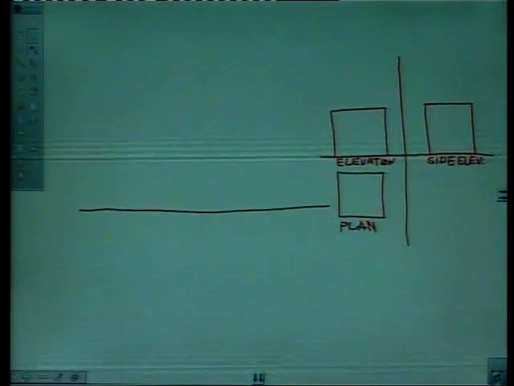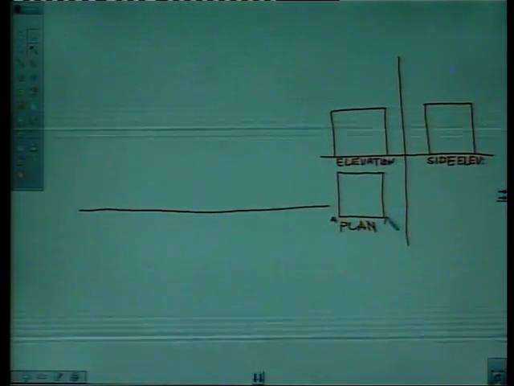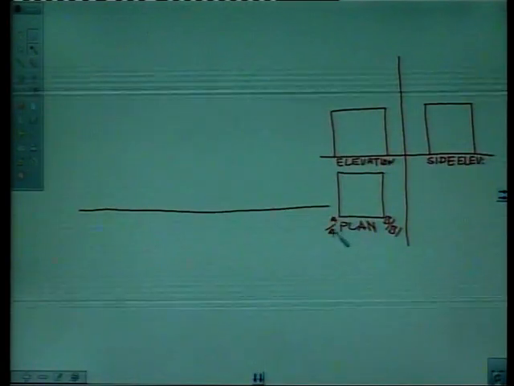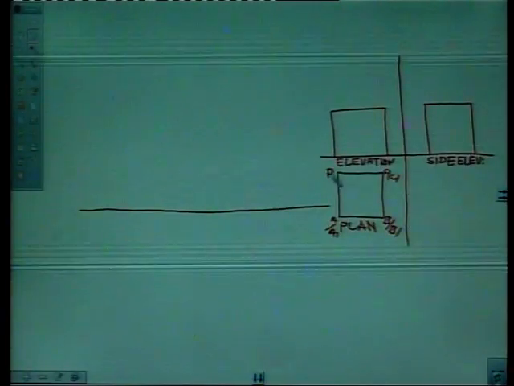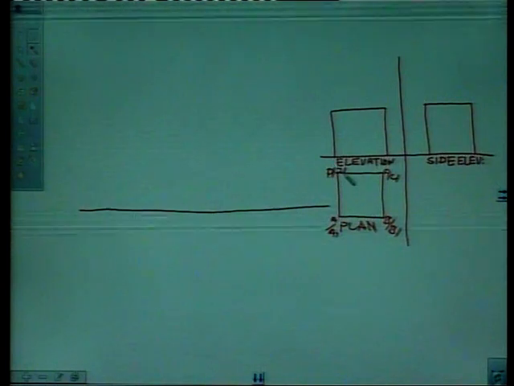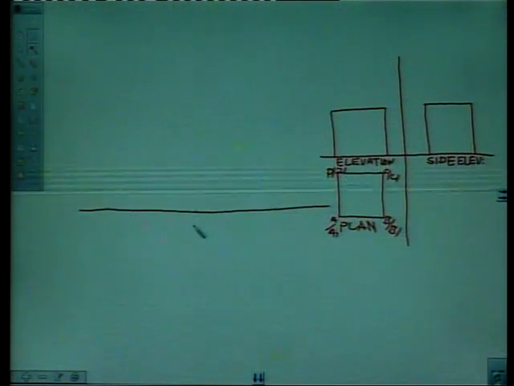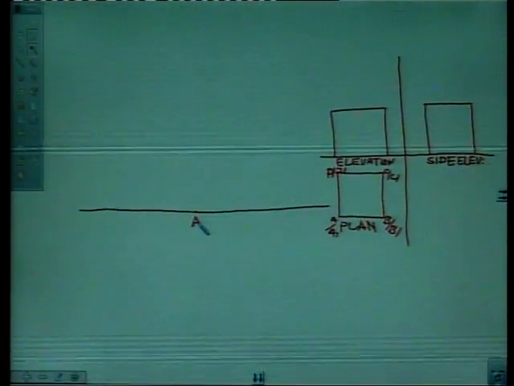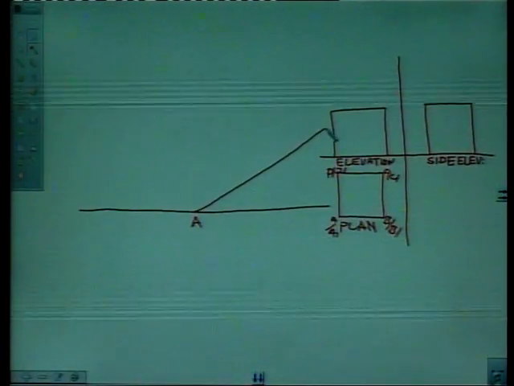We will mark the points in the plan also, say A, B, C, D and D dash. Say we will start from point A, mark here point A, right? Then draw a line at 30 degrees like this.